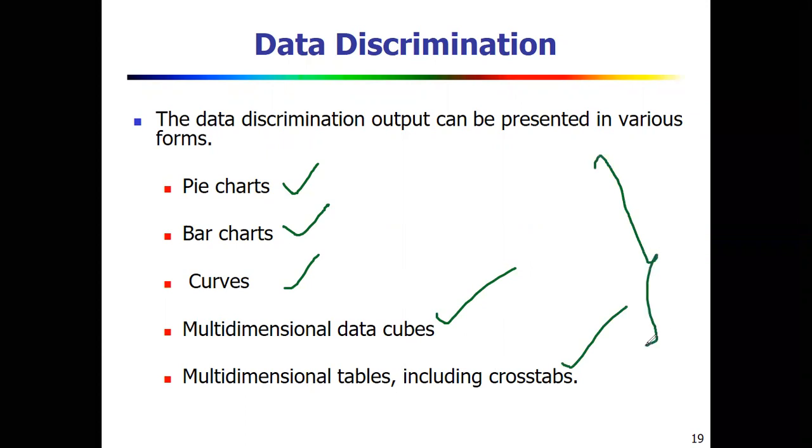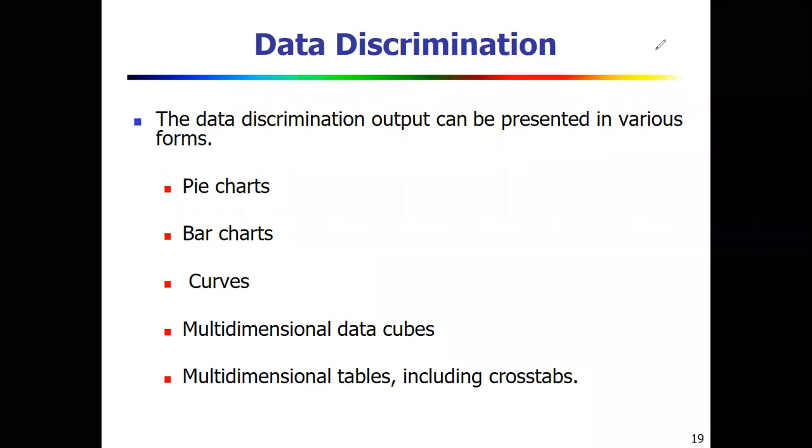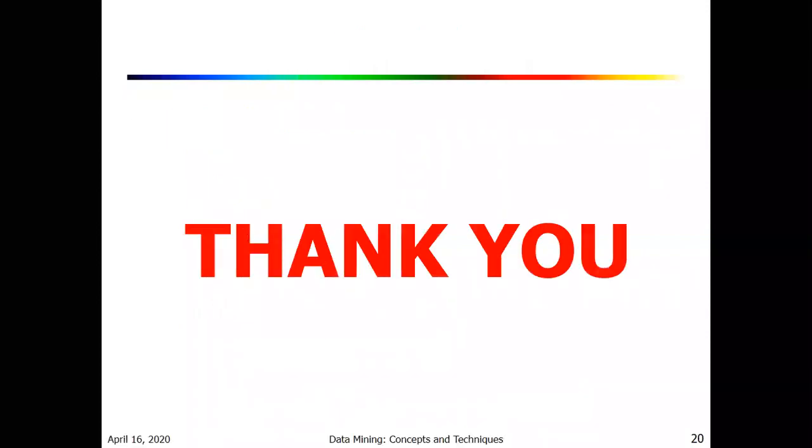So, data characterization and data discrimination behave almost in a similar way, except that characterization gives the summarization of a target class. On the other hand, discrimination performs comparison between target class and one or more contrasting classes.